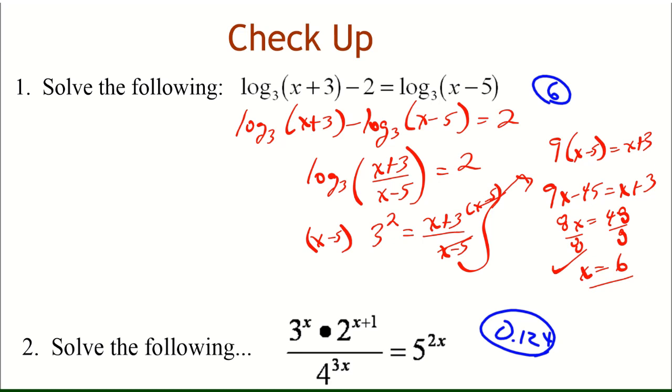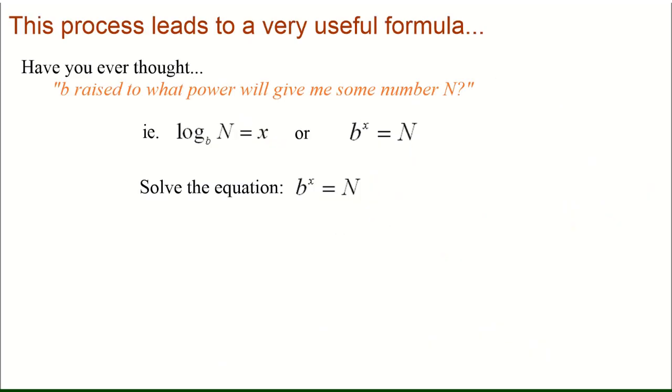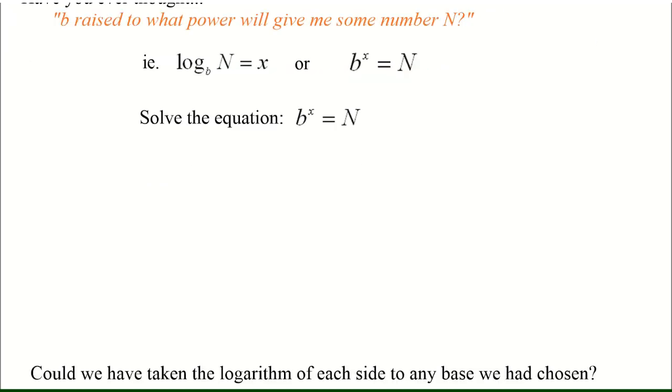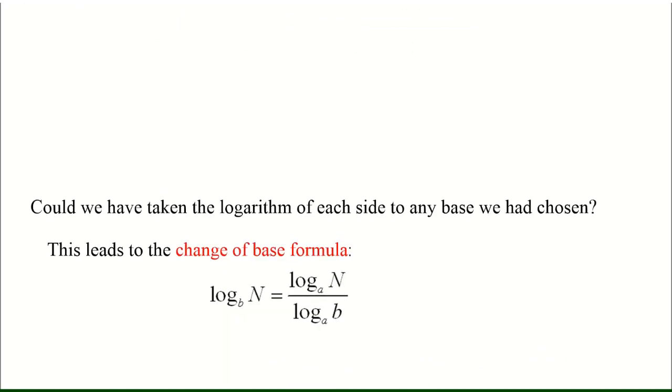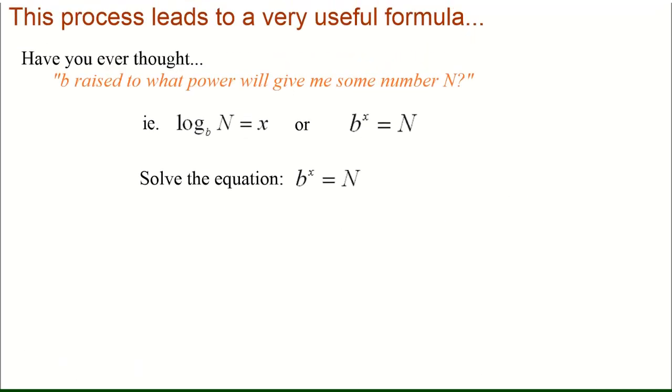Okay, last thing I want to show you is a neat little formula. It's called the change of base formula. I think I have it highlighted down below here. Yeah, see down there in red. It's just showing you that if you had the log of n to base b equals x, or you had b to the x equals n, and I said solve this.